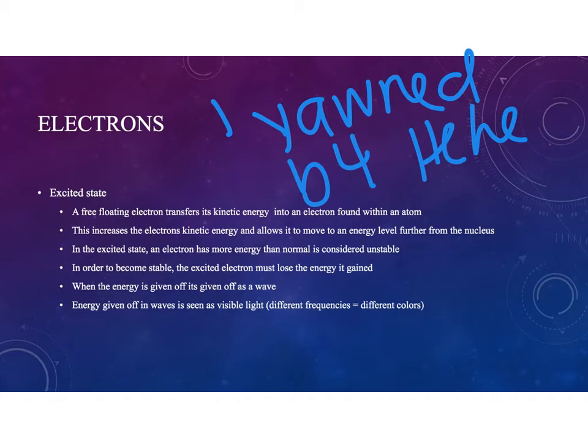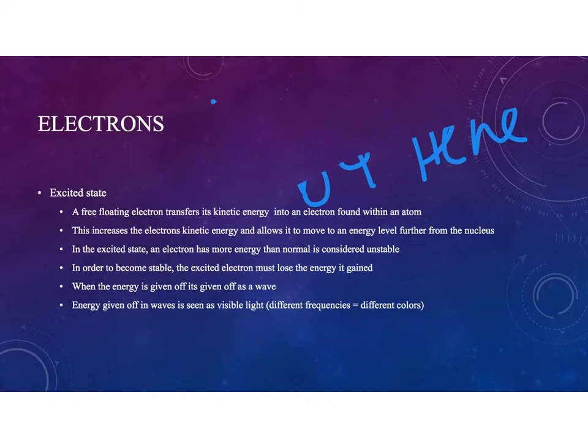Excited state. A free-floating electron transfers its kinetic energy into an electron found within an atom. So free-floating electrons come from being excited. They're expulsed from the atom, and they're left free-floating within whatever you want to call space. So they're just free-floating electrons.